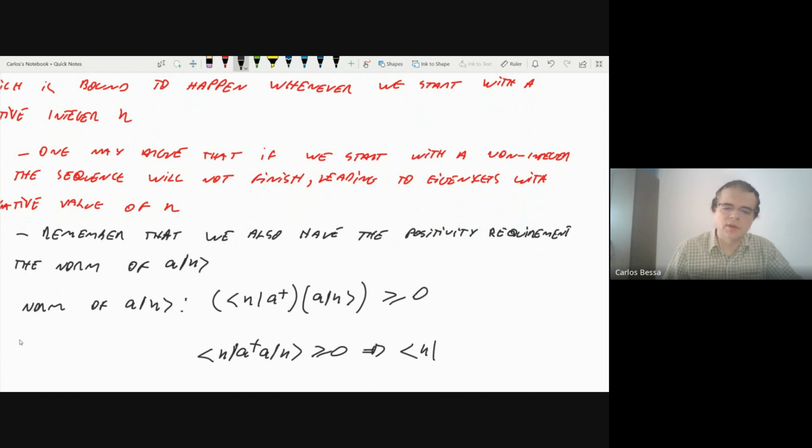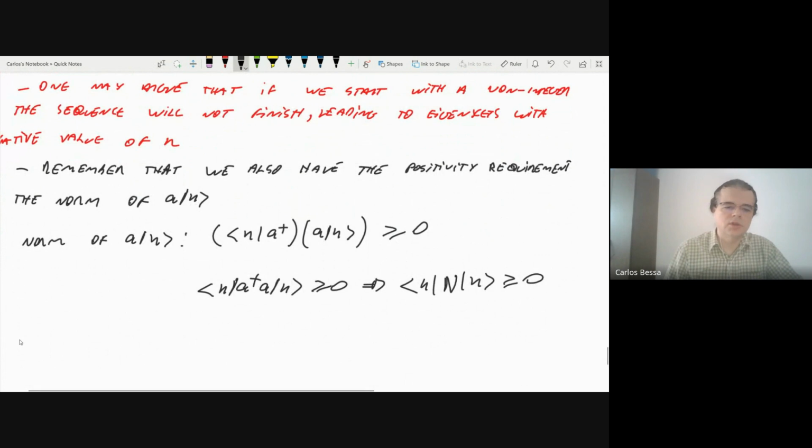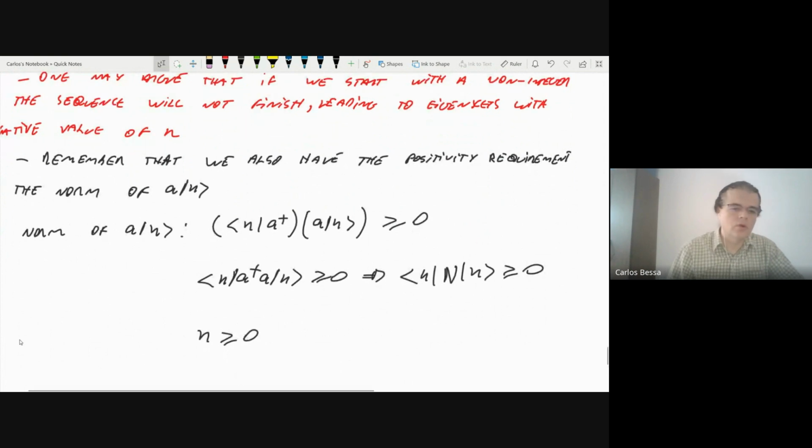So the number operator applied to n, and n applied to the eigenket n is just n, should be bigger than 0. So this property implies that n can never be negative.